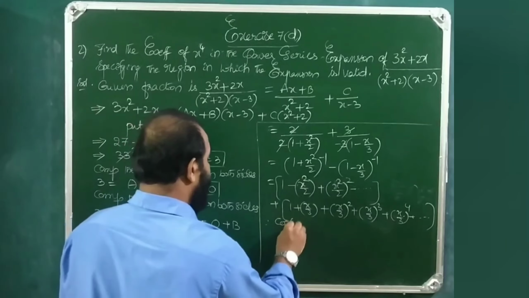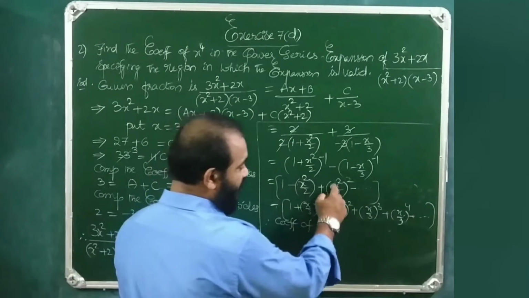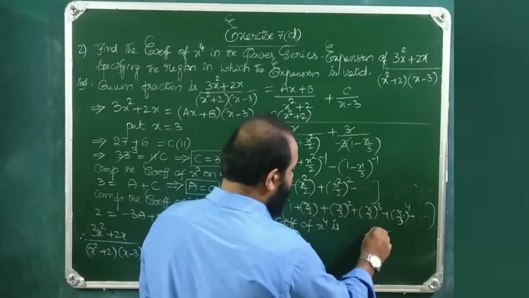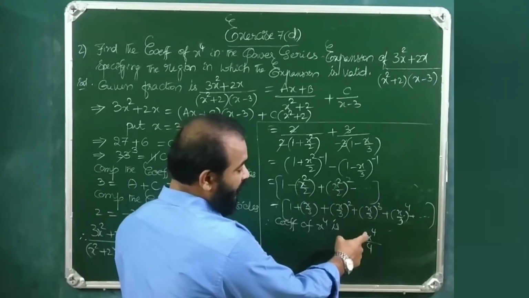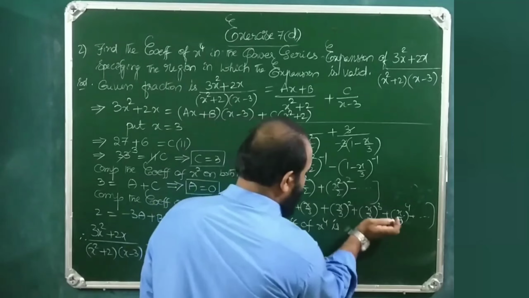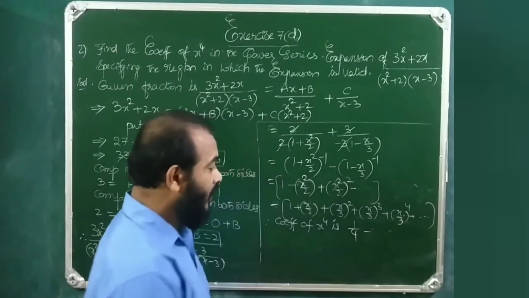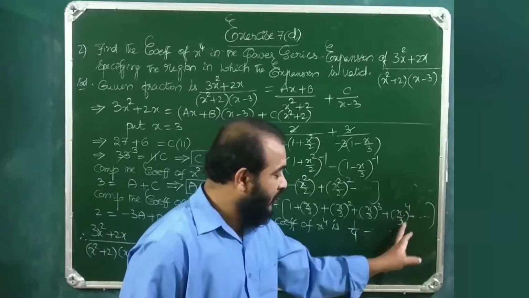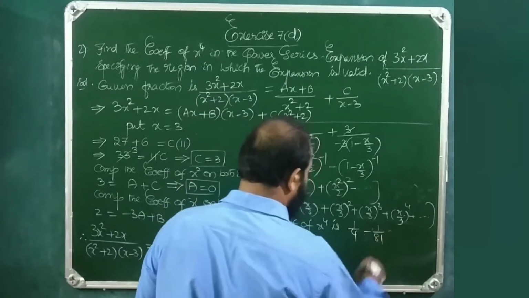Therefore, the coefficient of x power 4 is, this is x square whole square, x power 4 by 2 square is 4. Therefore, the coefficient of x power 4 is 1 by 4 minus, here x power 4 coefficient is 1 by 3 power 4, which is 1 by 81.